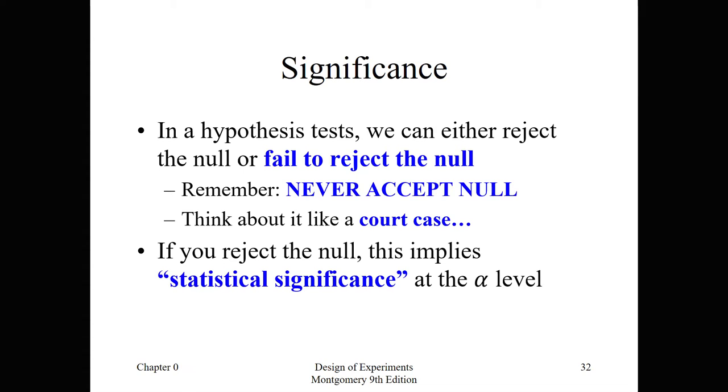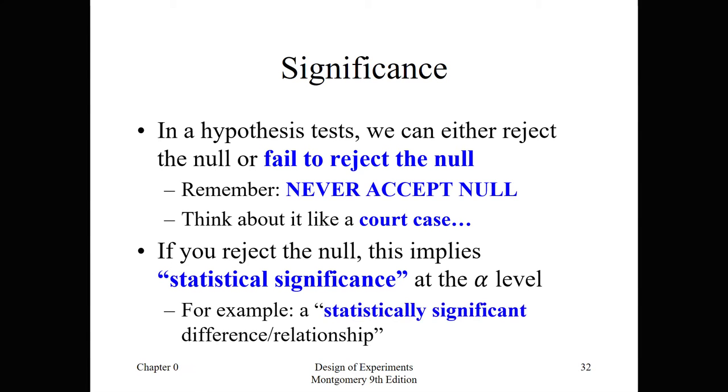So it may not be clear if we change the alpha level. But typically when we say statistically significant, then it's at an alpha level of 0.05, because that's what everybody uses.